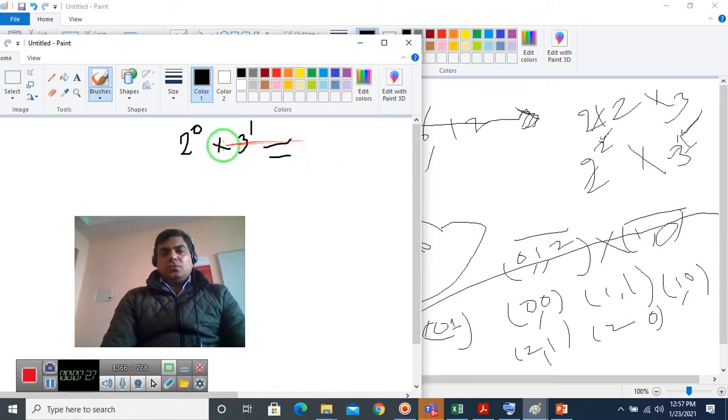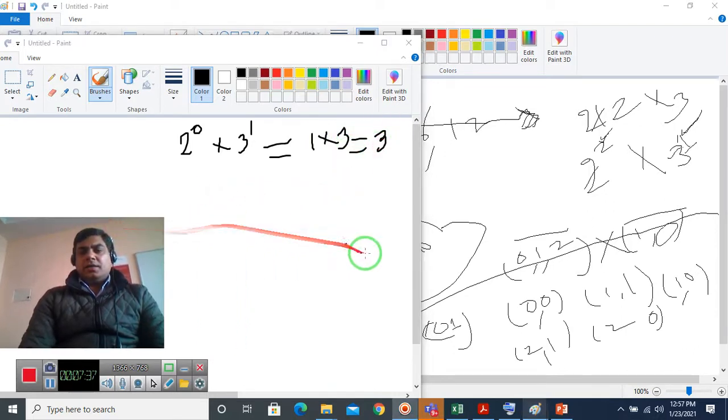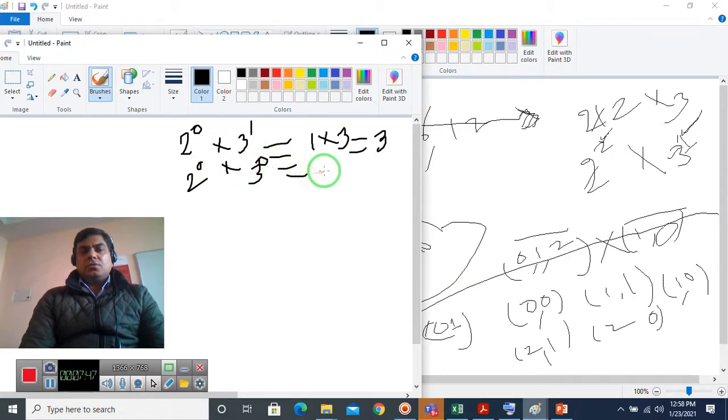You will get 2 to the power 0, that is 1, into 3, which is equal to 3. Now apply another one, 2 to the power 0 and 3 to the power 0, 1 into 1, which is equal to 1.